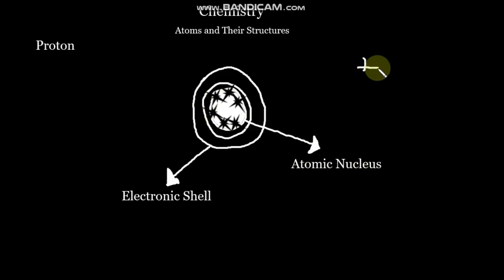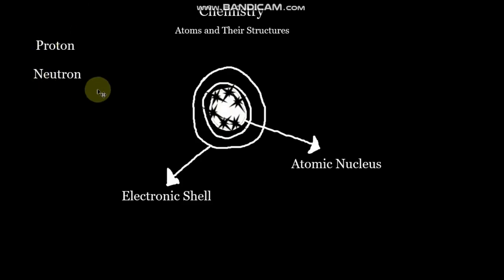Protons are positively charged. So if the atom has more protons, then that means the atom is going to be positively charged. And protons are the only positively charged subatomic particle in the atom. So let's go to the next subatomic particle, which is the neutron.